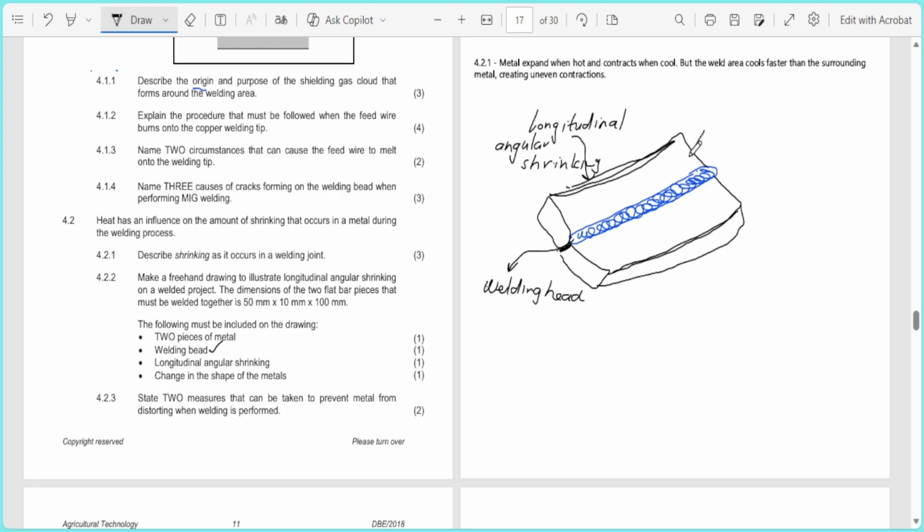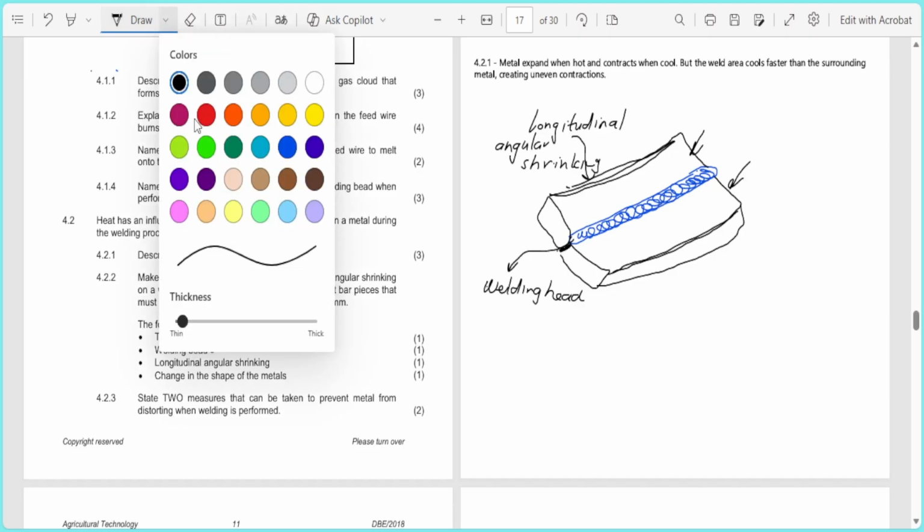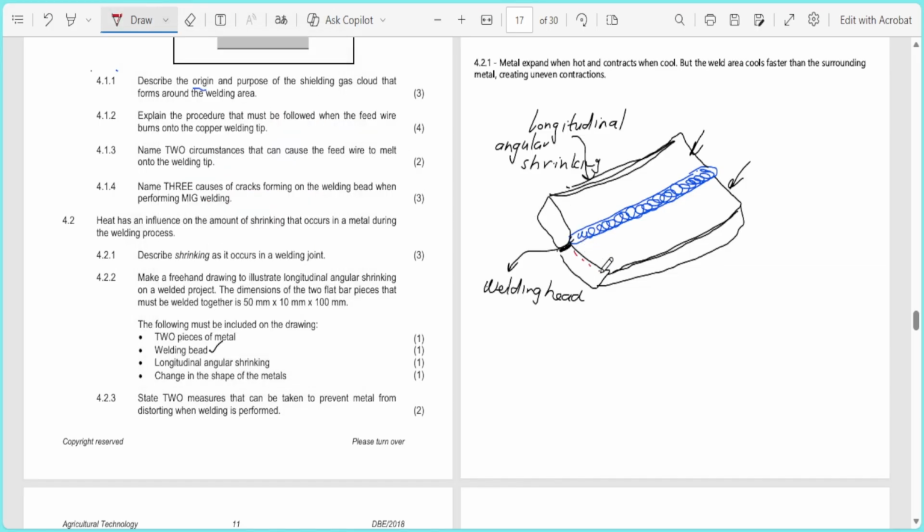So these are the two pieces of metals, 1 and 2, and changing the shape of the metal. All right, let's have maybe something a bit reddish, and do some dotted lines like this and something like this, just to show that the original thing looked somewhat like this.